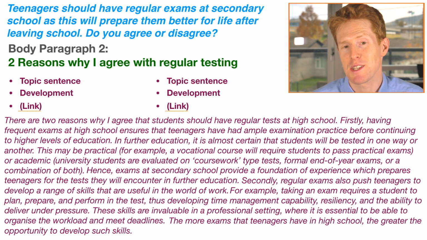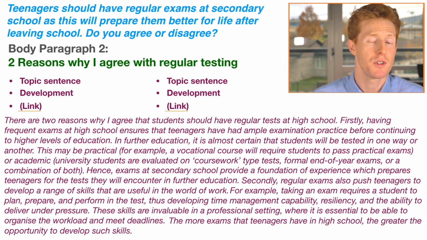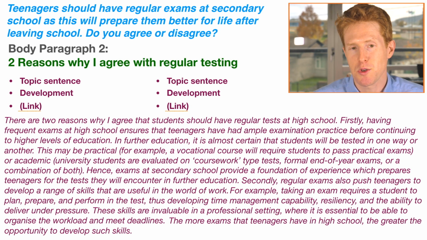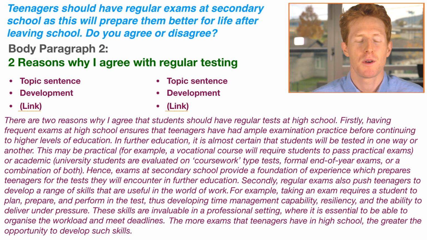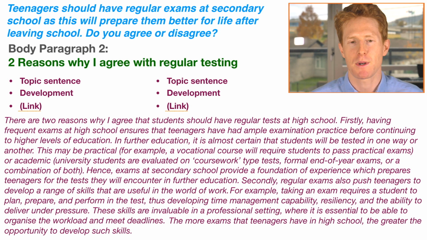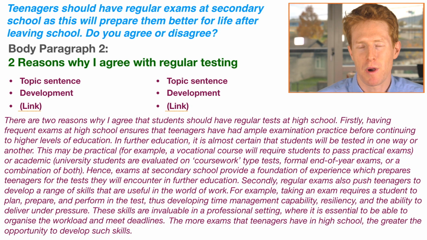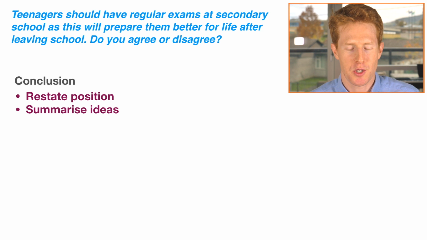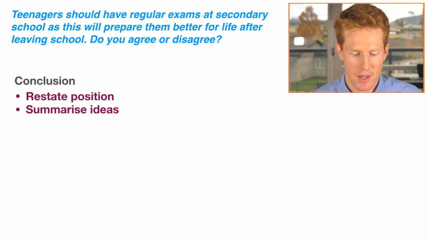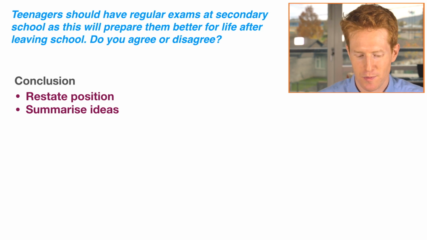Okay, so you can see this is a particularly long paragraph, and we could even break this down into two separate paragraphs. However, we can put them in the same paragraph because they're two ideas showing why we agree with regular testing. Finally, we're going to have the conclusion where we restate our position and we summarize the ideas.